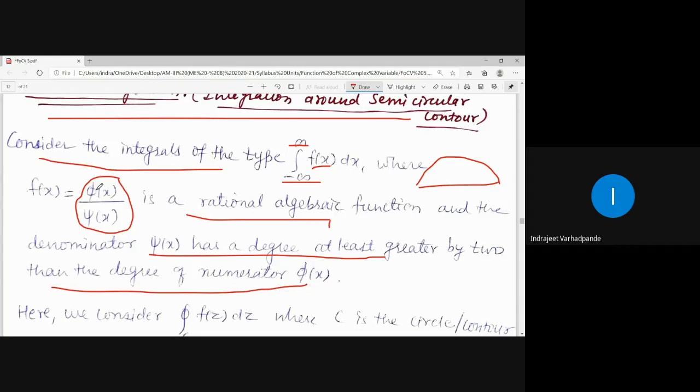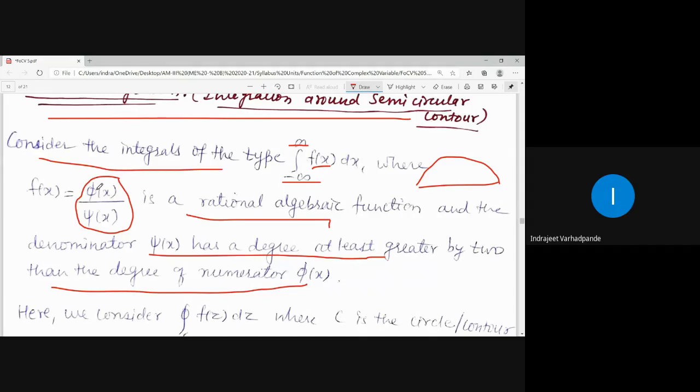So here we consider the closed curve integration of f of z. See, in the earlier case also we know that we do not have provision to solve an example in terms of theta. We have the provision only for a function of z, right?